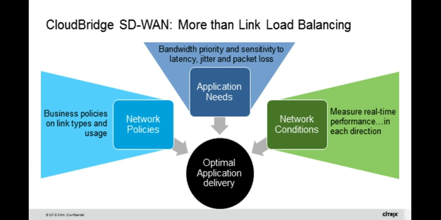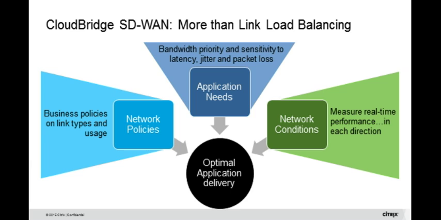Another element that the CloudBridge platform considers is the types of links and whether they're usage sensitive or whether they're open or internet access links versus a more secure connection like MPLS services. So let's go back to metered links.